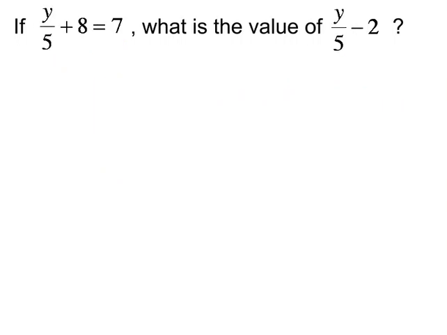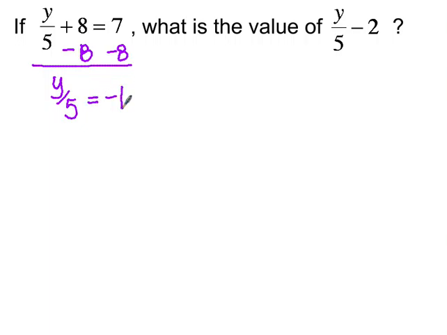Same problem. If y over 5 plus 8 equals 7, what is the value of y over 5 minus 2? Now there's two ways to do this. I'm going to go ahead and do it the first way. I'm going to subtract 8 from both sides. And so I get y over 5 to equal negative 1.